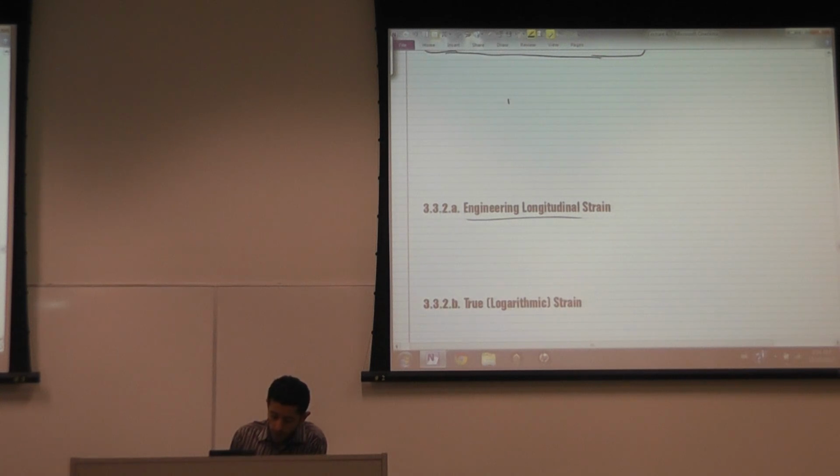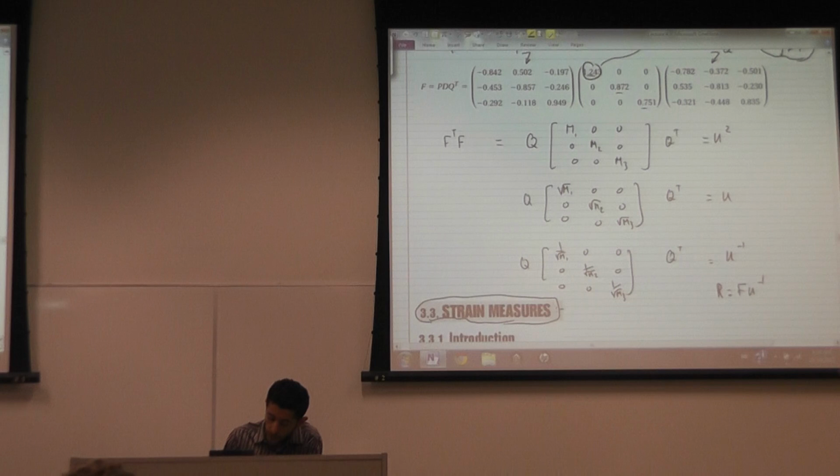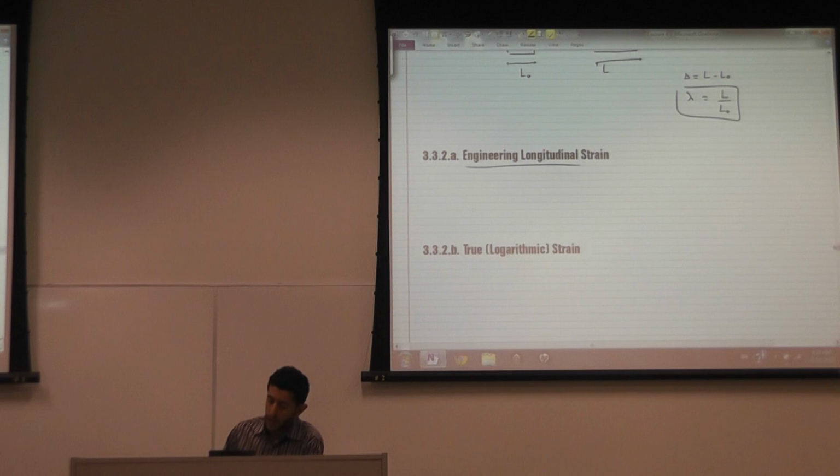So first, if I have a bar of length L0, and I pull this bar, now it becomes length L, and I'm going to call delta equal to L minus L0, and the stretch lambda is equal to L over L0. The engineering longitudinal strain is equal to delta over L0, L minus L0 over L0, which is equal to lambda minus 1.